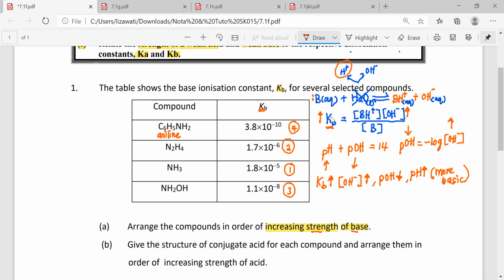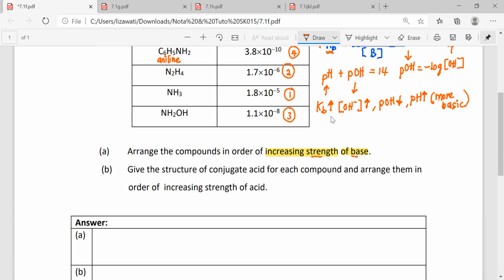Then we have to arrange in increasing order, which means start with the weakest. The weakest here is C6H5NH2, smaller than NH2OH, smaller than N2H4, smaller than NH3. There are two ways that you can answer this kind of question.